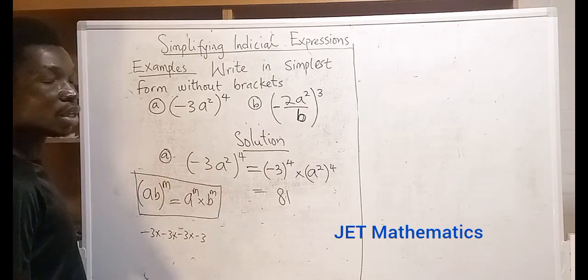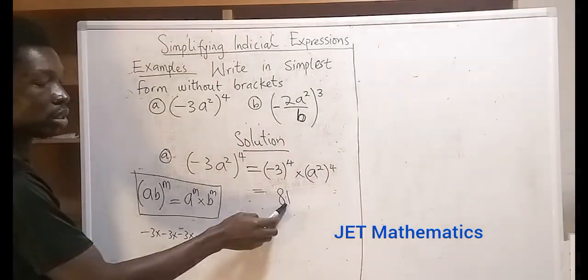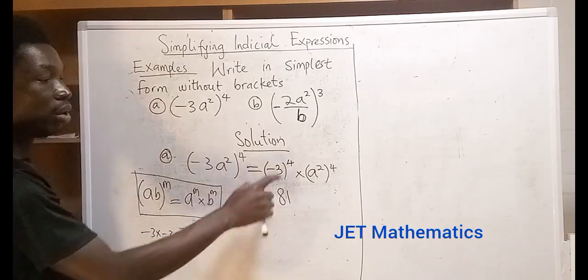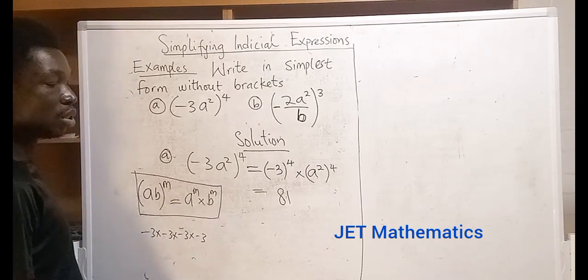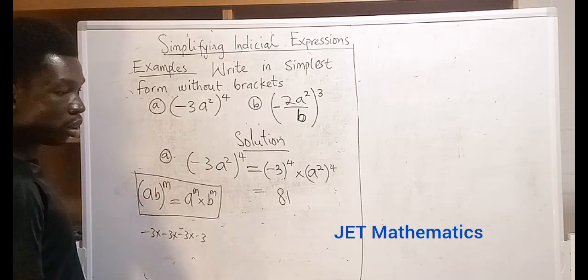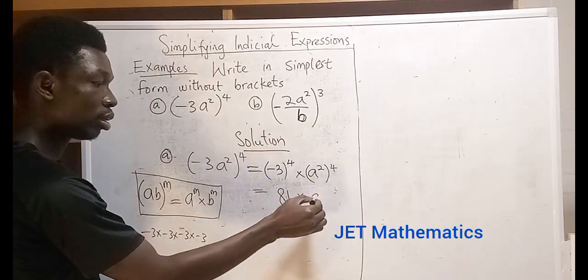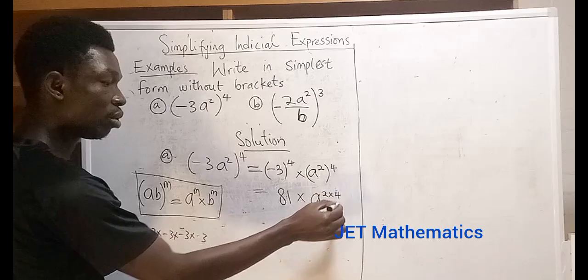So take note that whenever a negative number is raised to an even number, the result will be positive. If it's an odd number, then the result will be negative. We'll see that in our next example. Then here is a raised to the power of 2 times 4.